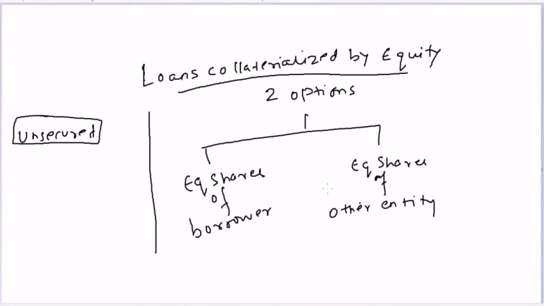One, equity shares of the borrower, which is primarily the entity to whom we are lending. And the second option is equity shares of the other entity, which is not related to the borrower. Now let's evaluate these two options completely.